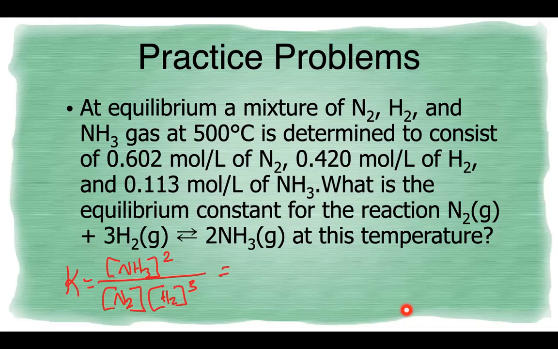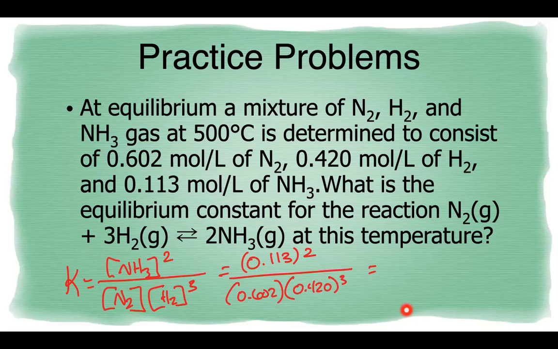So I'm going to replace that with the values we were given in the question. NH3 is 0.113, that's squared. Nitrogen is 0.602, and that's not any exponent. And H2 is 0.420 cubed.